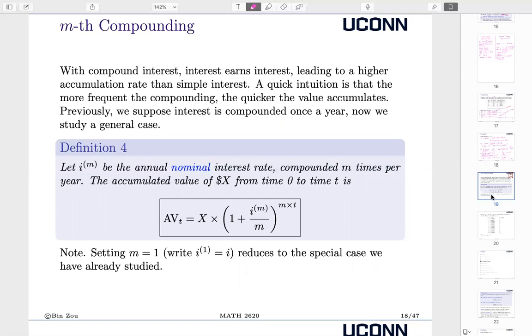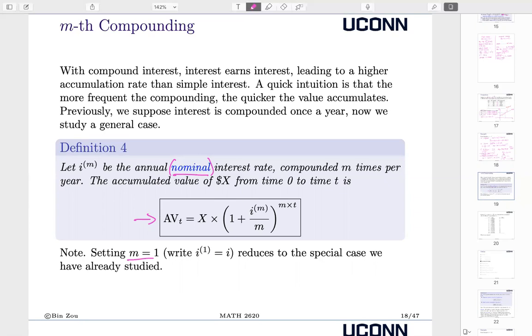Let i^(m) be the annual nominal interest rate, compounded m times a year. The accumulated value of x from time 0 to time t is given by this formula. Of course, when m is 1, it goes back to what we used to know.